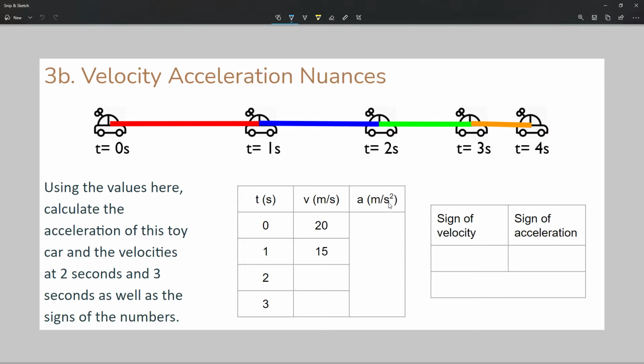So again, your acceleration is how many meters per second you change per second. In other words, how much does your velocity change each second? Well, if I go from 20 to 15, how much does my velocity change? -5.